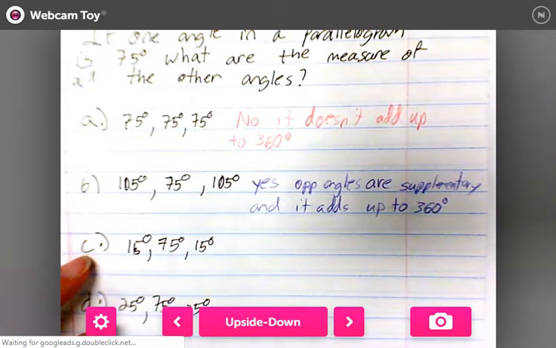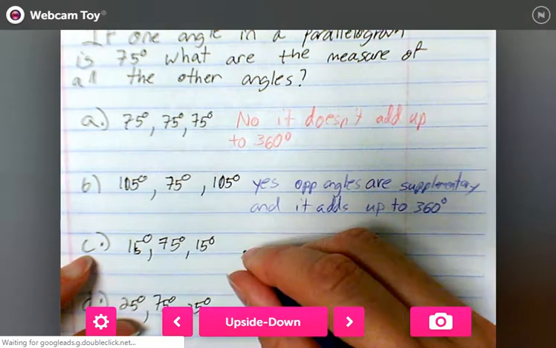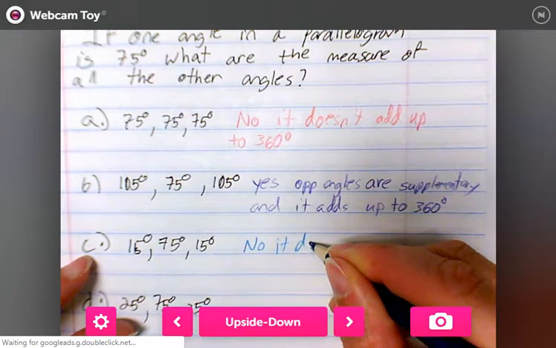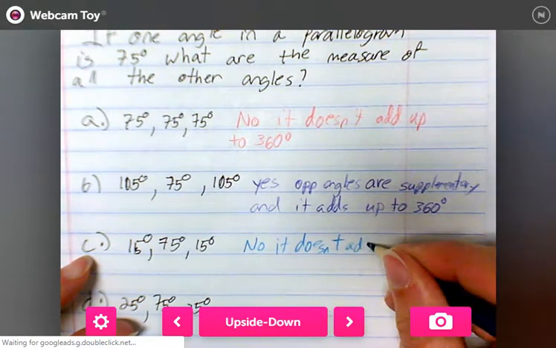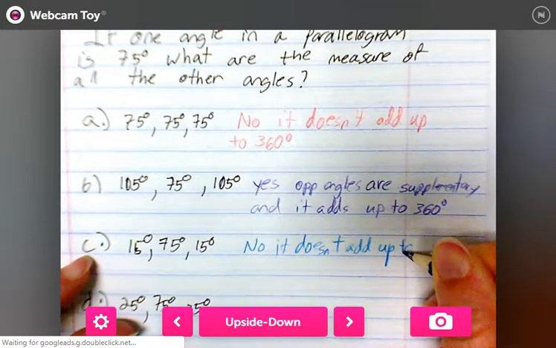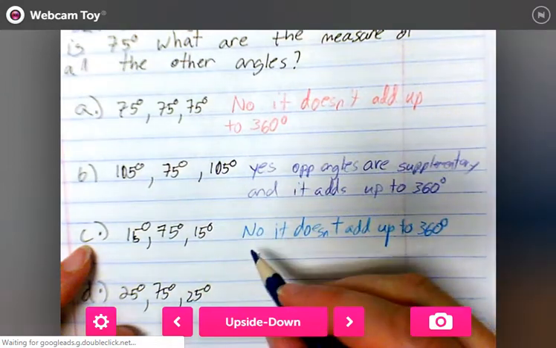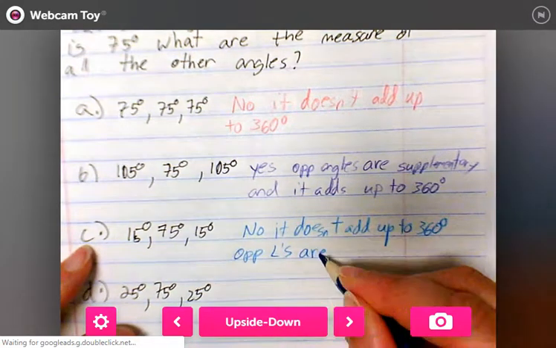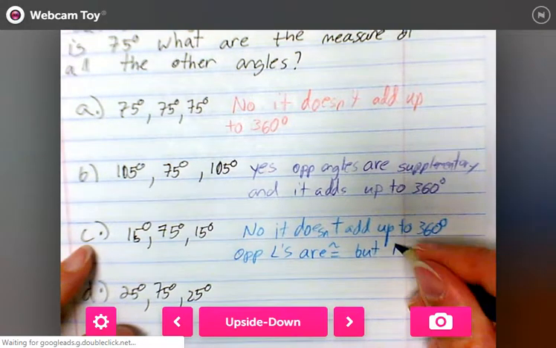C. 15 degrees, 75 degrees, 15 degrees. No. It doesn't add up to 360. Okay. Opposite angles are congruent, but not supplementary.